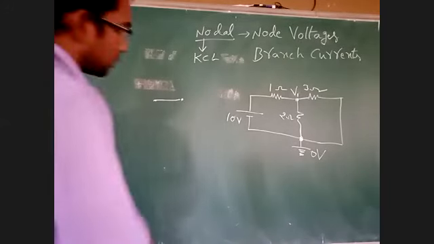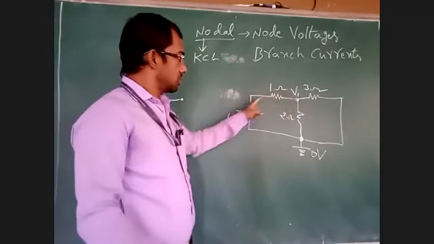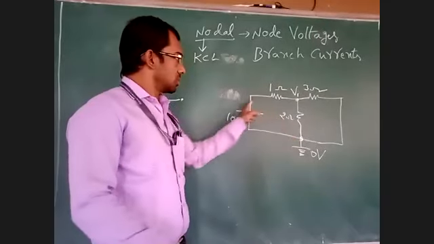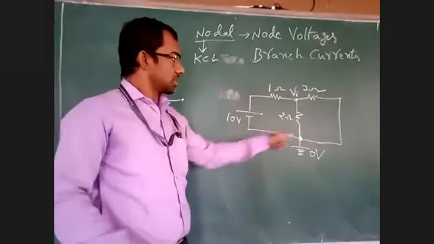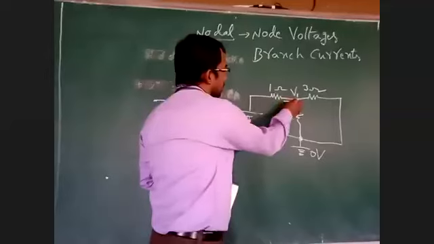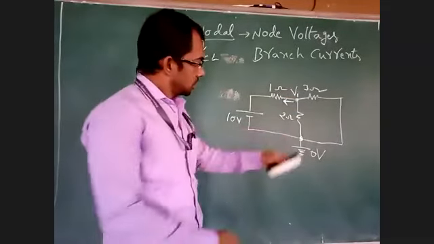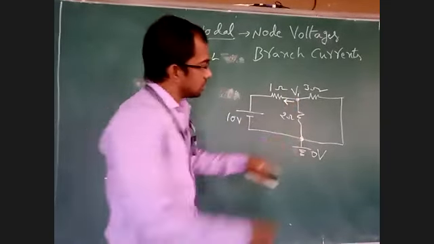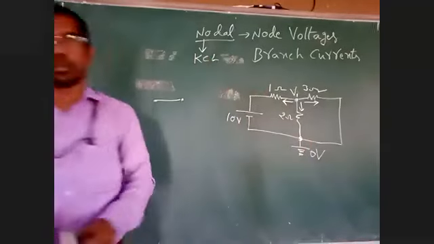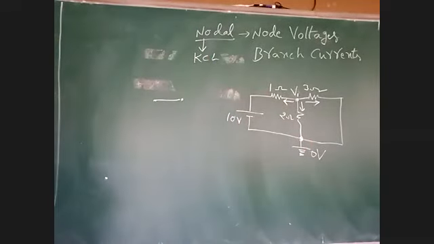Now see here, in between this node and this node, this is one branch. From V1 to 0, another branch. From this side, another branch. Totally three branches are there.